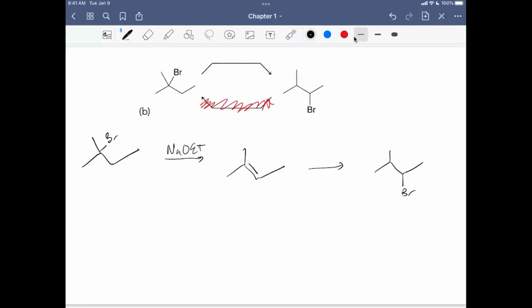And that could be NaOEt, that could be NaOMe, whatever works. And then from here, we're adding a Br to the less substituted carbon. So we have to use that peroxy acid, HBr, and ROOR on bottom.